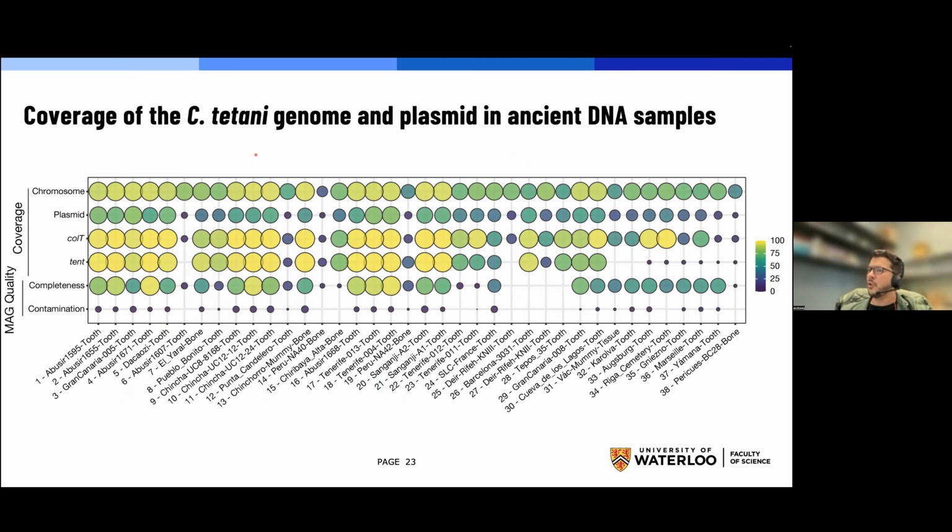This is an overview of, again, the 38 ancient draft genomes or metagenome assembled genomes that we've produced from these samples, and I'm showing you the predicted chromosome content, the C. tetani plasmid content, the fraction of the collagenase and tetanus neurotoxin gene that we're seeing in those samples, and also an estimate of genome completion and contamination.